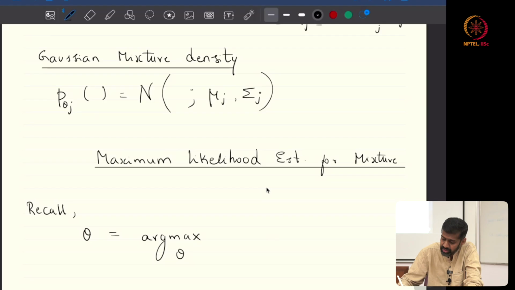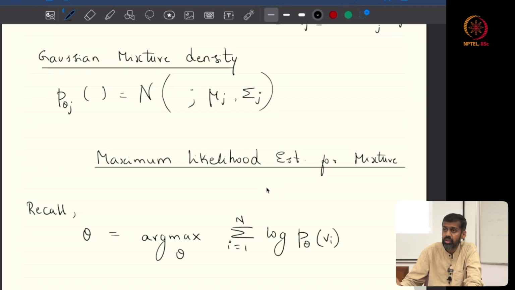What is the likelihood function? Take the sum of the log of the likelihood evaluated at all data points; that is our likelihood function. This is what we wanted.